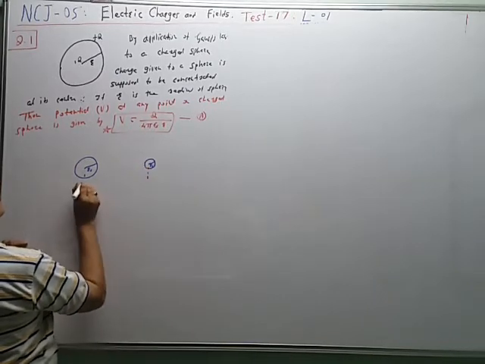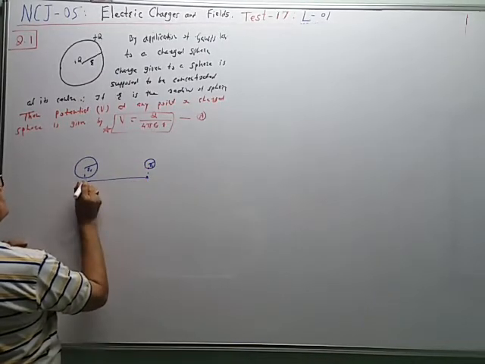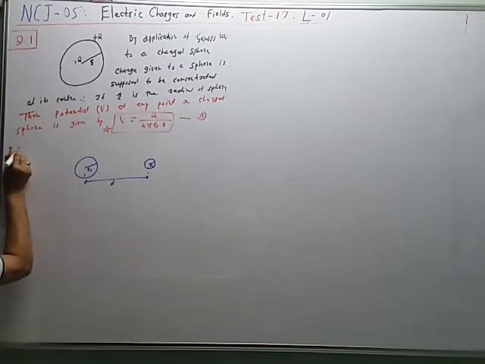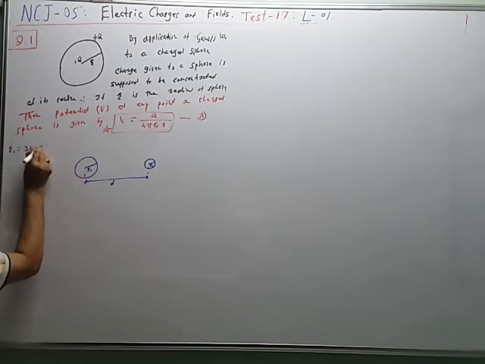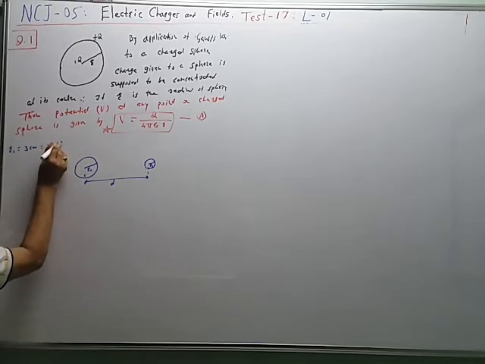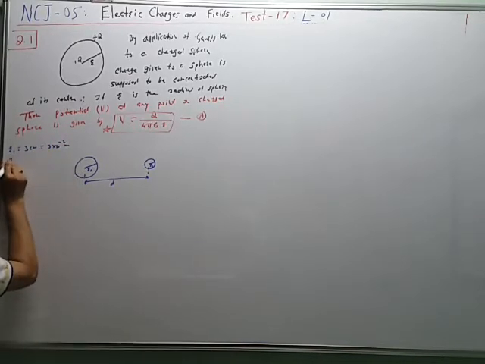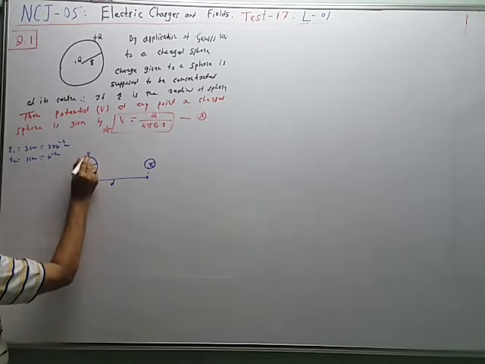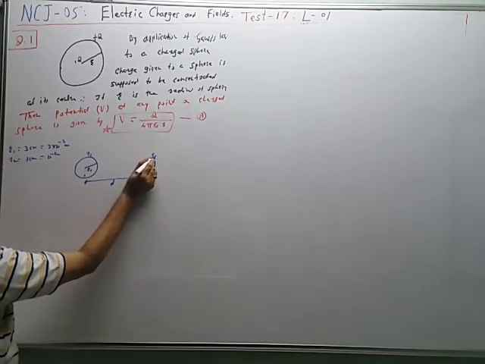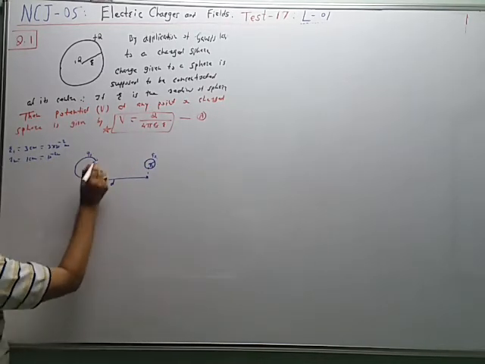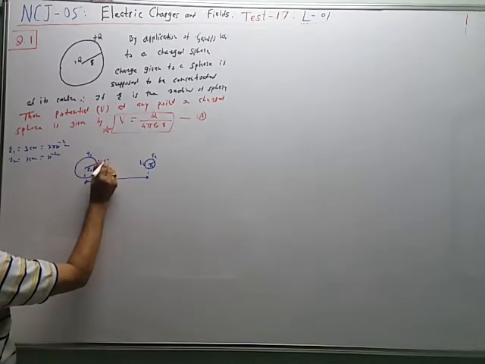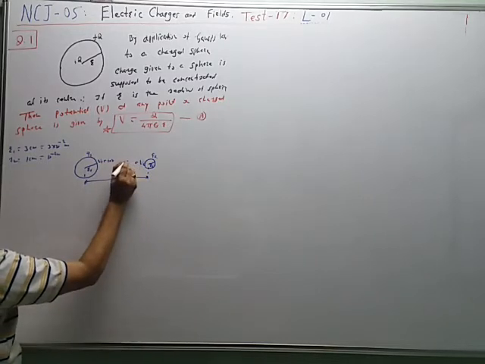Distance between them is equal to D. R1 is equal to 3 cm is equal to 3 into 10 raised to minus 2 meter. R2 is equal to 1 cm is equal to 10 raised to minus 2 meter. The charge given is Q1. The charge given is Q2. Potential is V1. Potential is V2. V1 is equal to 10 volt. V2 is equal to 10 volt.